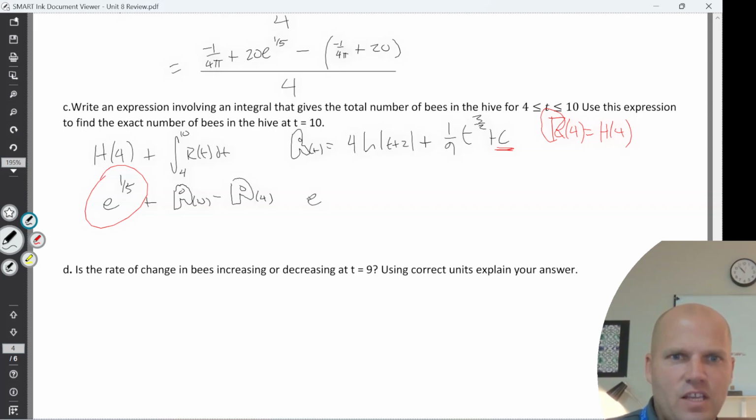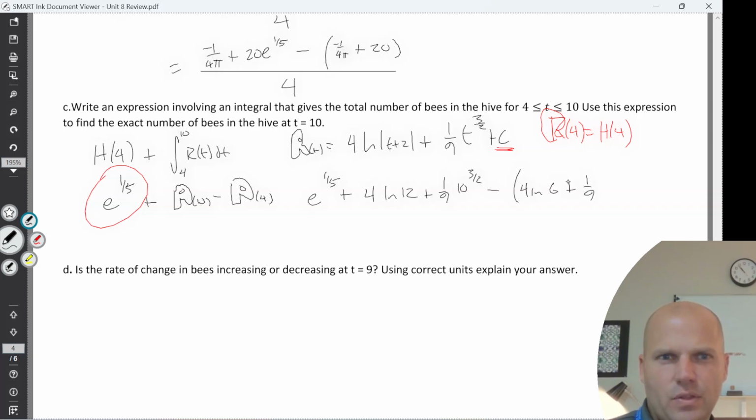I'm going to say I have e to the 1/5 plus 4 log 12 plus 1/9 10 to the 3/2 minus capital R of 0 would be 4 log 2. So, sorry, capital R of 4 would be 4 log 6 plus 1/9 4 to the 3/2.